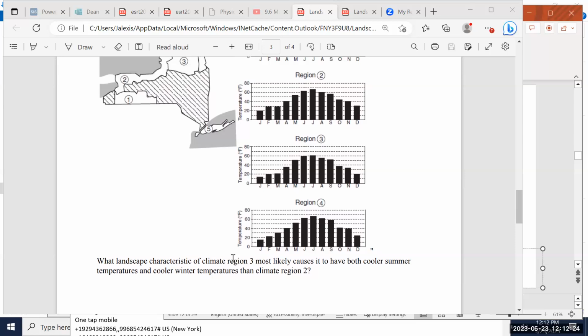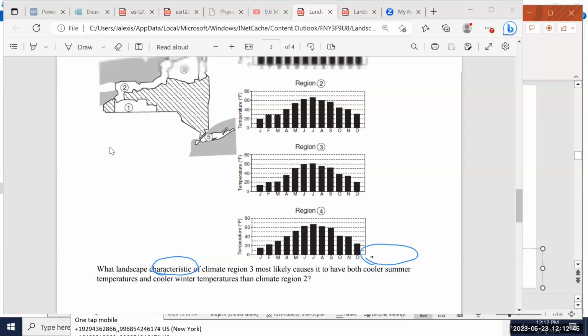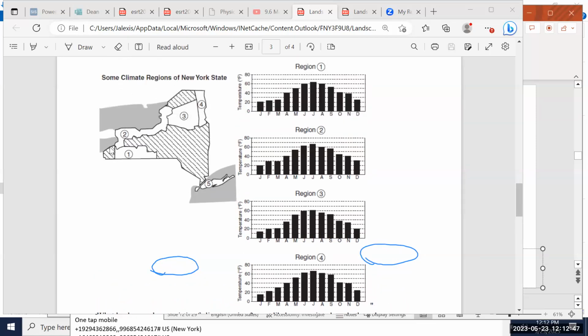There's something about region 3 that tells us it has cold winters, cooler summers, and cooler winters. When I look at New York State region 3, I know I'm going to be looking at a landscape that is more towards the top right part of New York State.